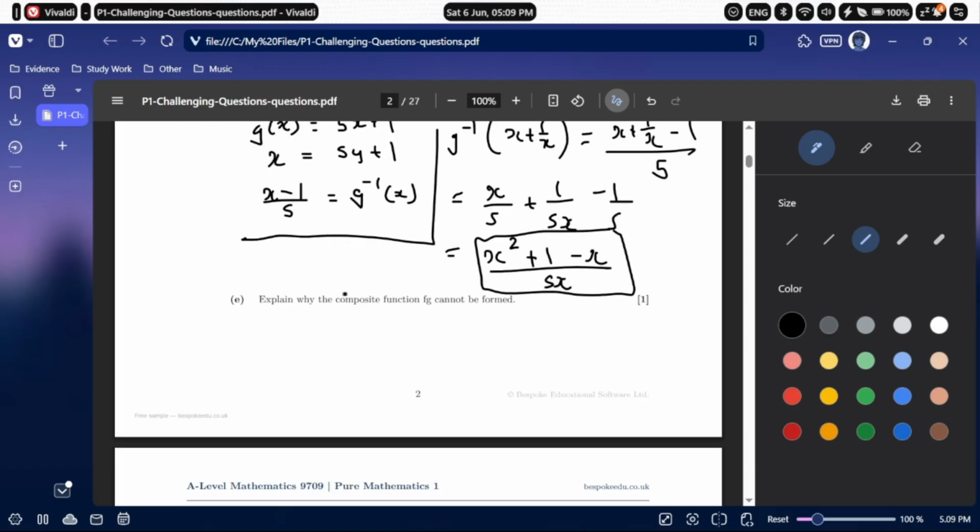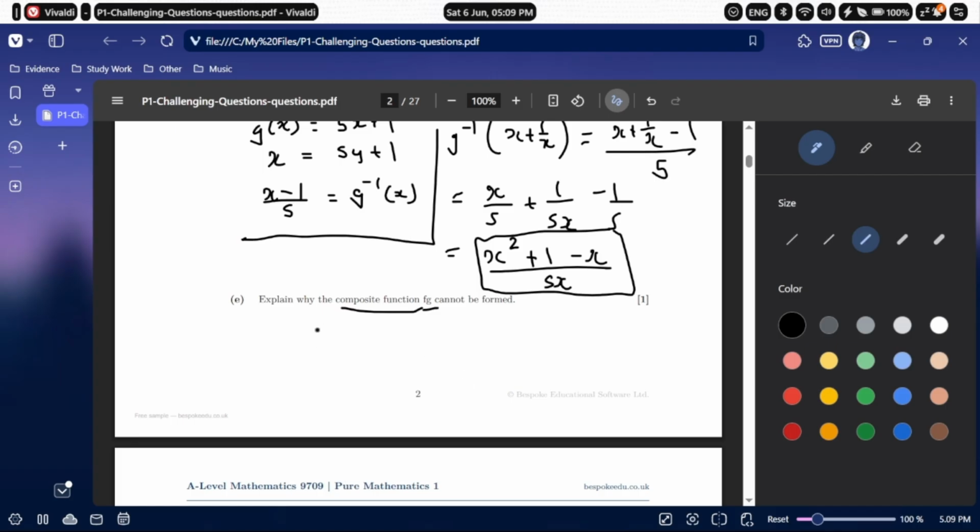Okay, now moving on to these type of questions. Explain why the composite function f g of x cannot be formed. So you'll have to look at the domain and range for both the functions to actually get the answer. Usually the logic for composite functions is that the range of the inner function must fit in the domain of the outer function.